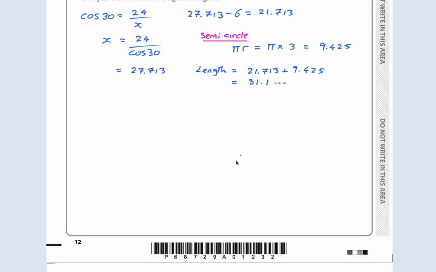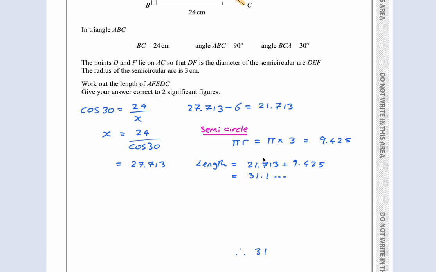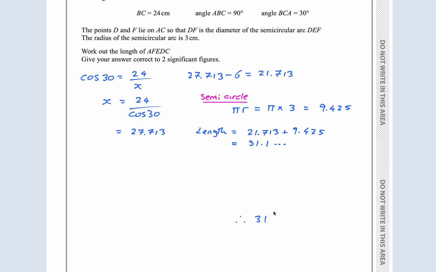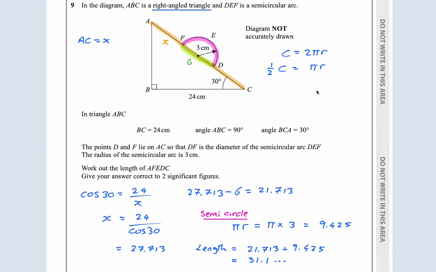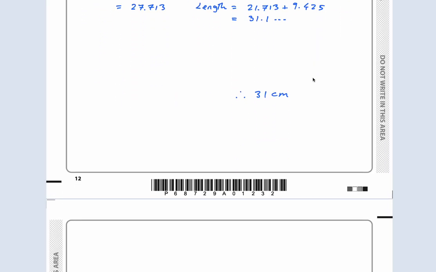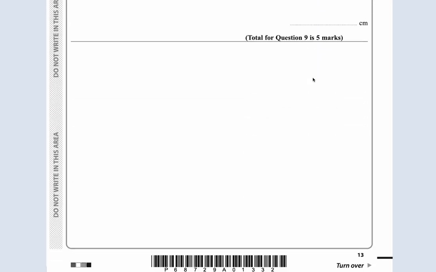So I'll put therefore 31. Is it centimeters? Yeah, 31 centimeters. And they've given us lots of space to do it. Okay, that was actually a 5-mark question, guys. So I didn't think it was that hard, but it was hard enough.